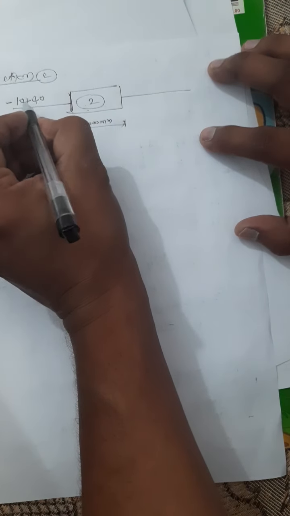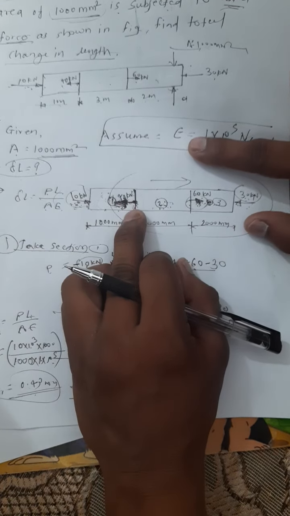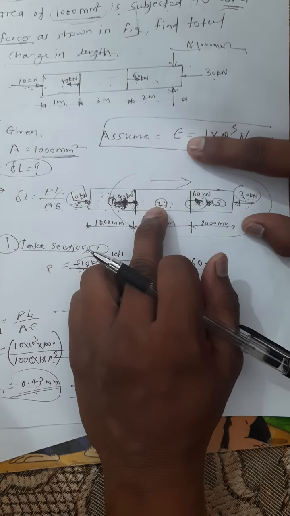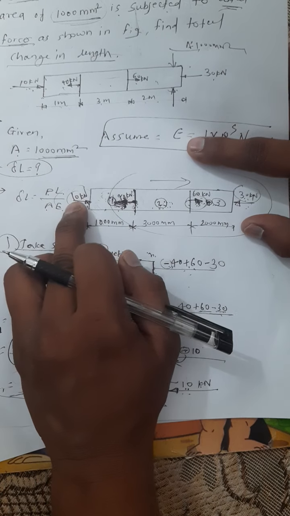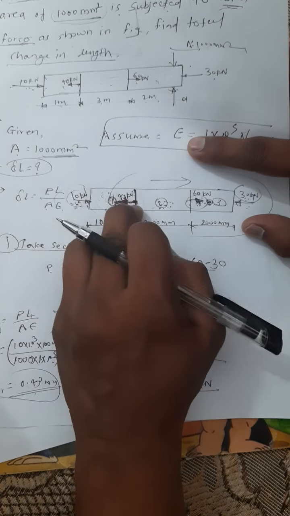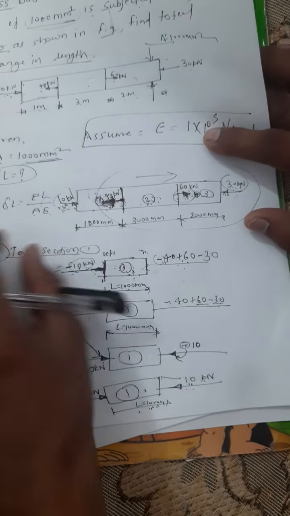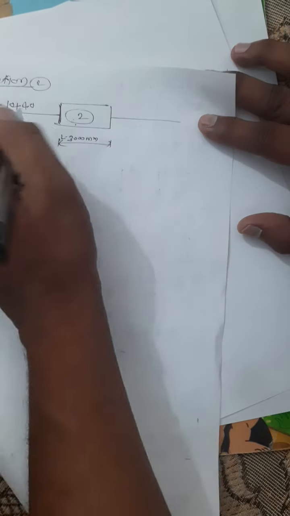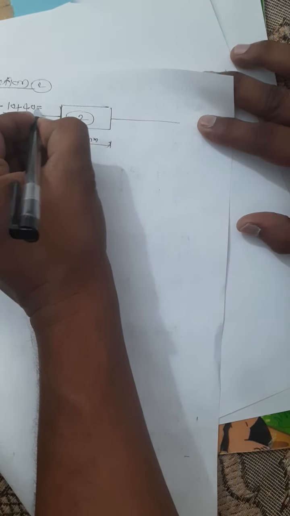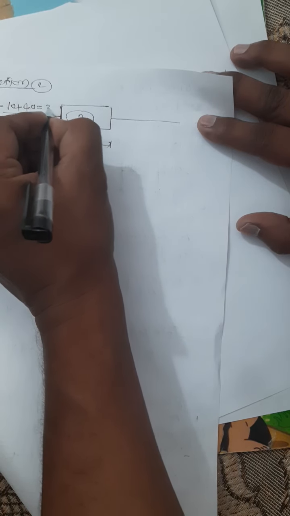Is there another force? No, only two forces from the left side. So 10 pushing means minus, and 40 pulling means plus: 40 minus 10 becomes 30 kilonewton.